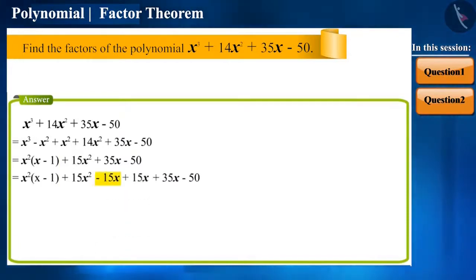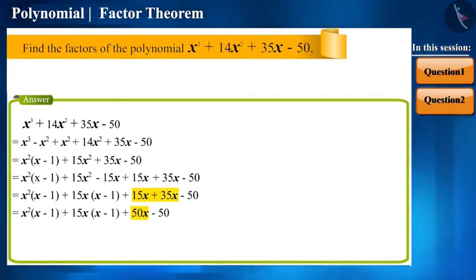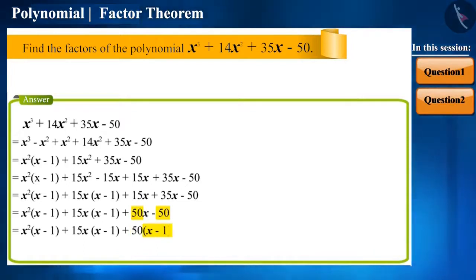So let's subtract and add 15x once. Now, again 15x and 35x will get added up to become 50x. Now, taking 50 common, we can write x minus 1. After this, by taking x minus 1 common from all the terms, we can express it like this, x minus 1, x square plus 15x plus 50.